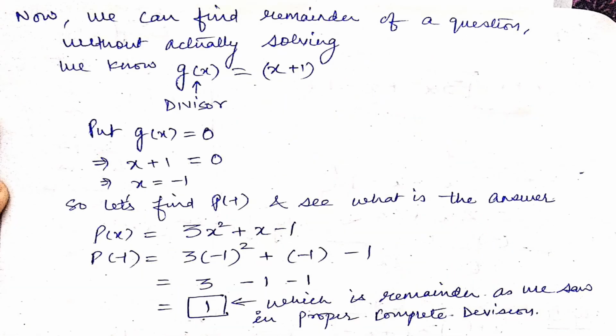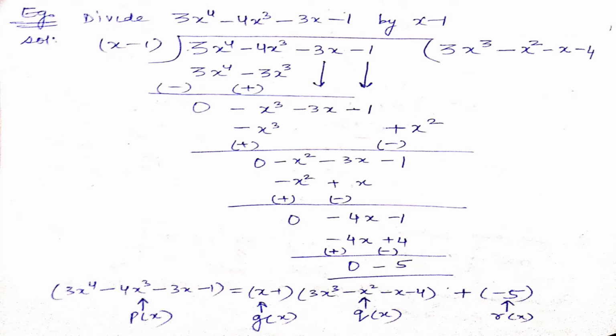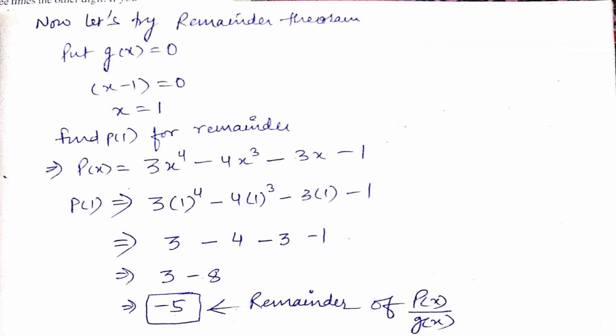Now we will see a simple trick to find the remainder. We saw in the last slide what the remainder was, so we will use a simple trick to find the remainder by another method also. Let's see the method. In this method, we take the divisor, which is gx in our case, and put it equal to 0.